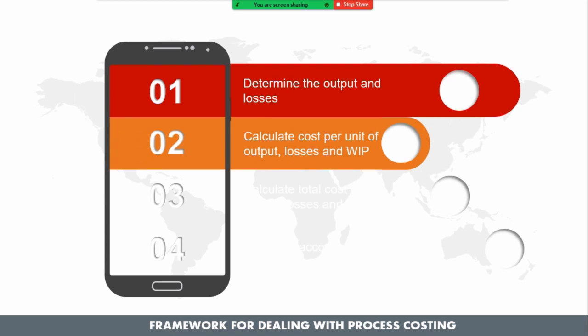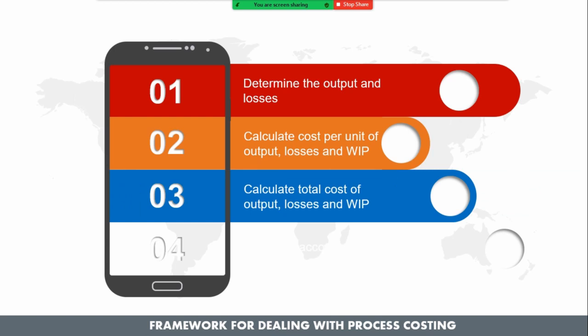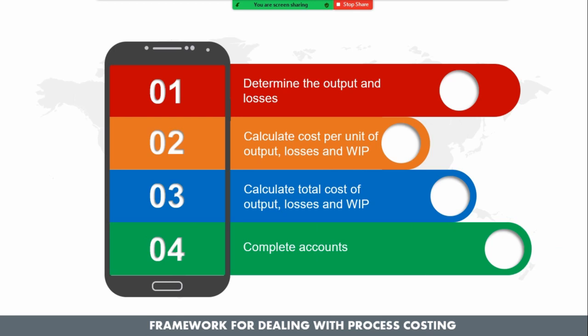Then step number 2, we calculate the cost per unit of output. We calculate the losses and the work in progress. Step number 3, we calculate the total cost of output, losses and work in progress. And then step number 4, we complete our accounts. Of course, typical is the process account. So this is the summarized framework for dealing with process costing.